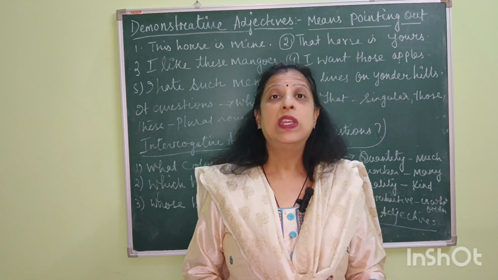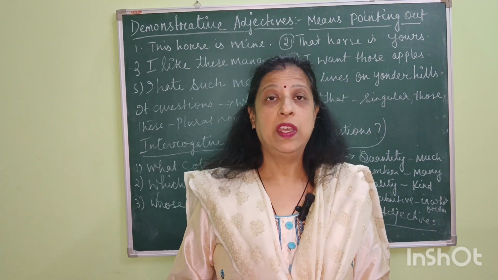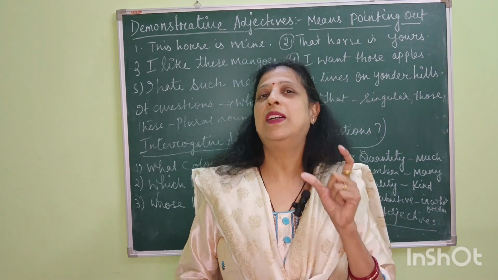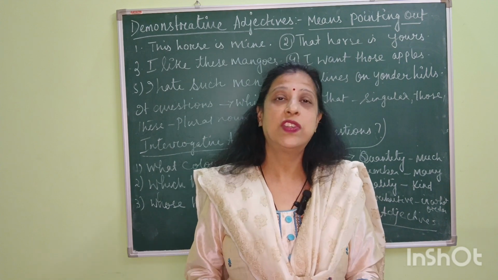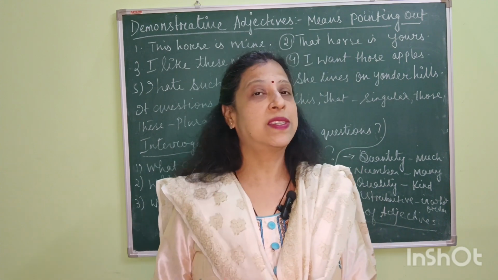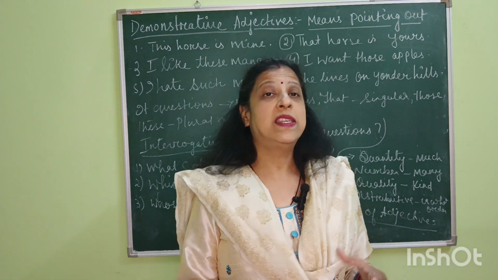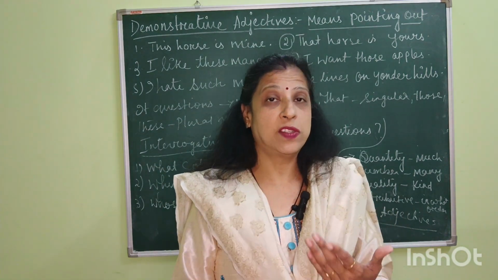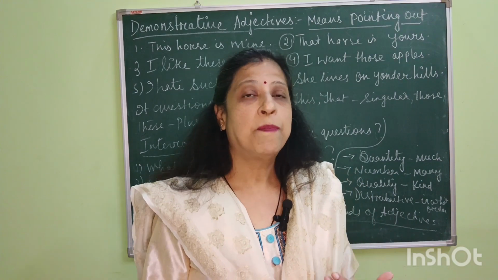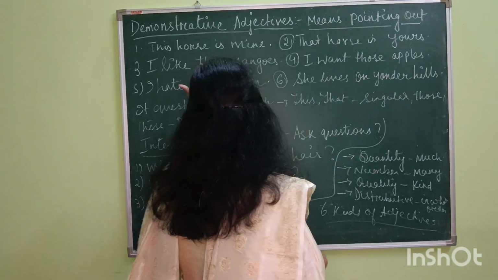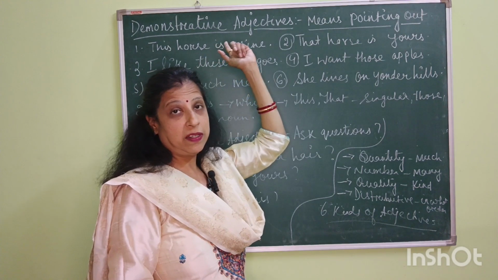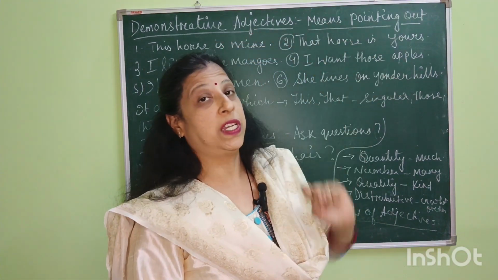As I told you, adjective is a word which describes a noun. Okay, adjective is a word which describes a noun. And in that case, we are coming down to various kinds of adjectives, right? So now we are going to do another kind of adjective, that is demonstrative adjective.